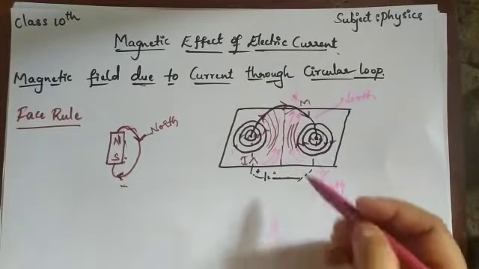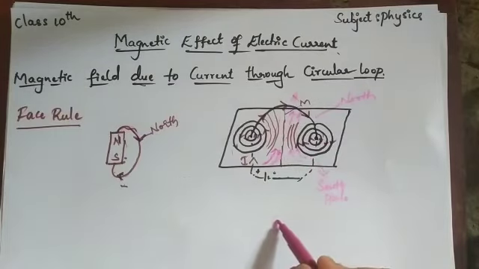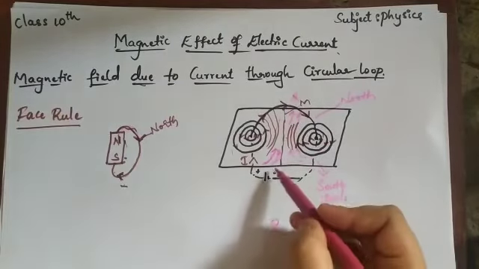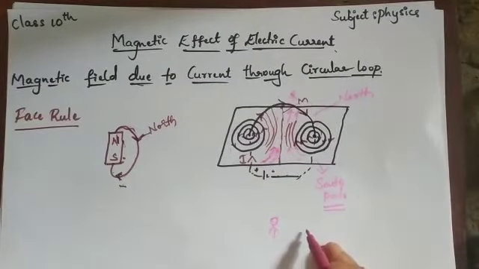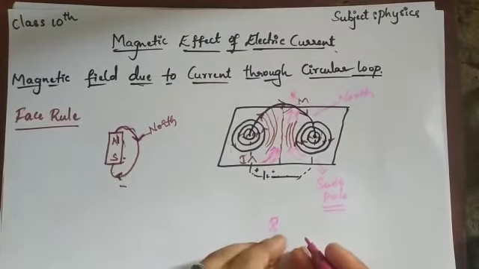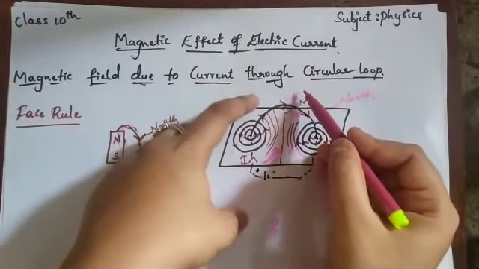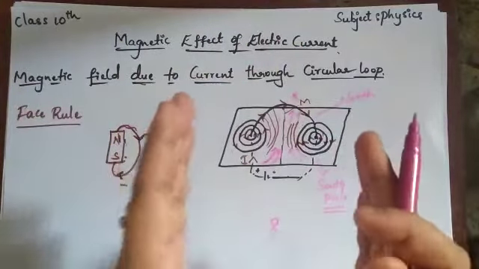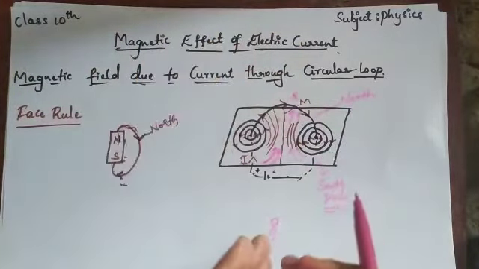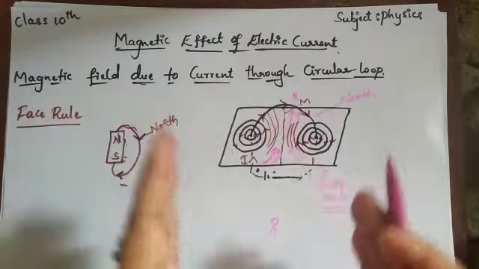When magnetic lines are entering inside the conductor, if I am standing in this position, I can say this is the entering position, that is called the south pole. Where I am standing is the south pole. Similarly, if the cardboard sheet is placed on a table, from this position you can see magnetic lines moving inside the table.